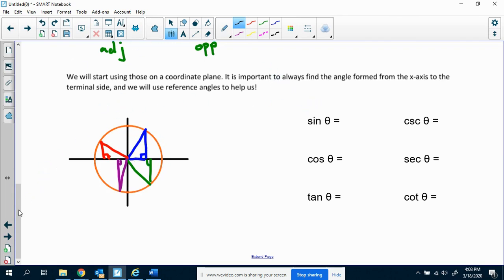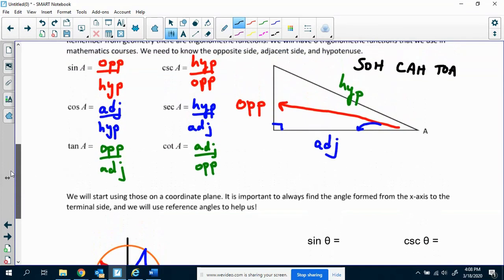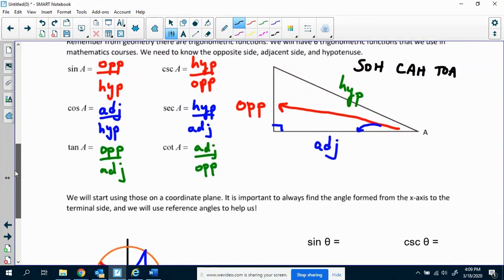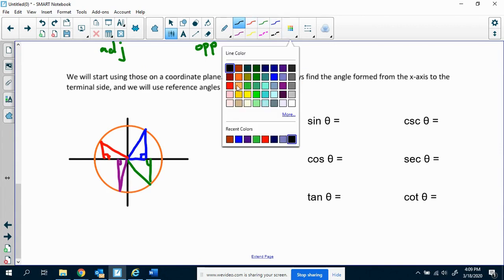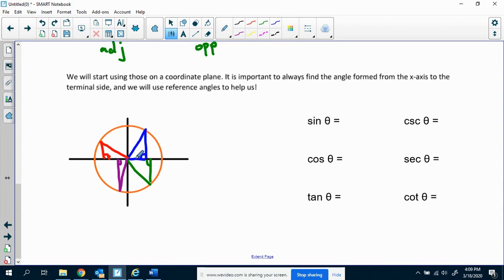Now, what we've done in the past is we've seen opposite over hypotenuse, adjacent over hypotenuse, opposite over adjacent. That's still true, but it just so happens that in each of these cases, since the angle we're forming is with the x-axis, we're looking at this, this, this, and this as my four angles.